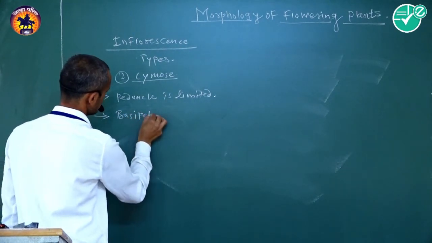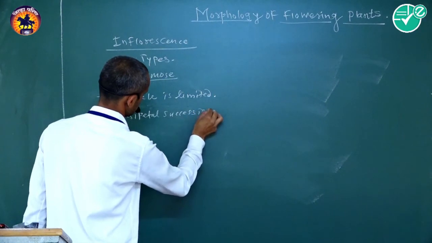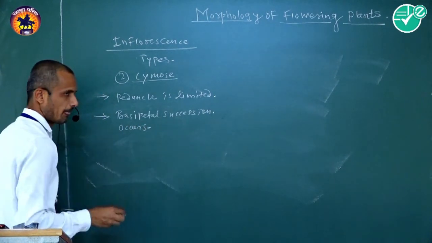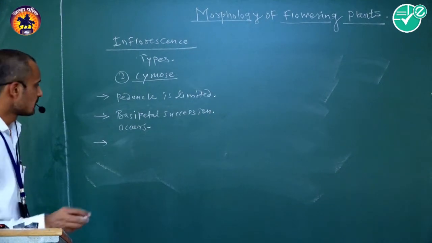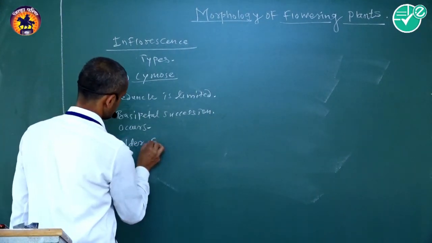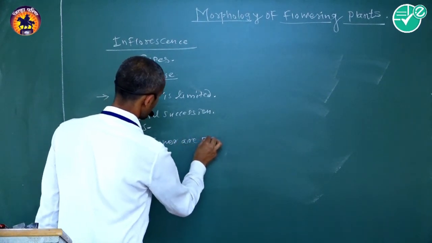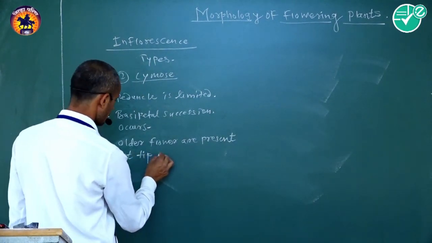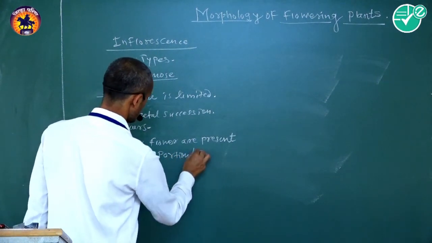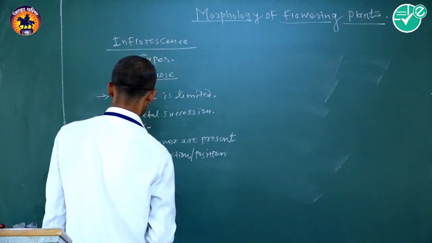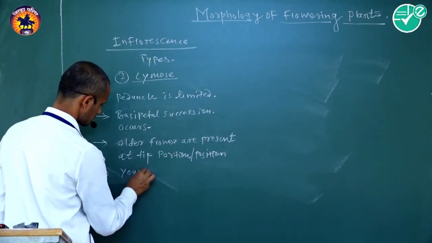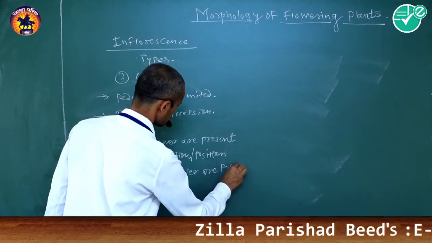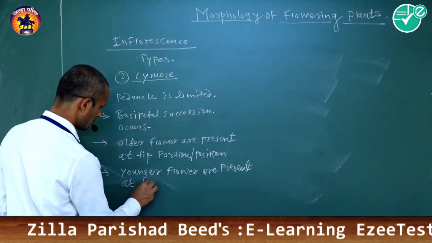Basipetal succession occurs, that is the older flowers are present at the tip portion and younger flowers are present at the base position.